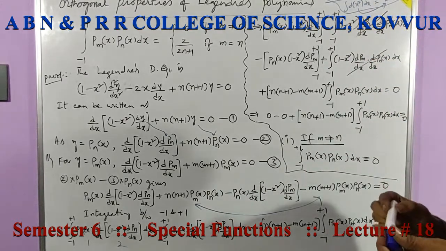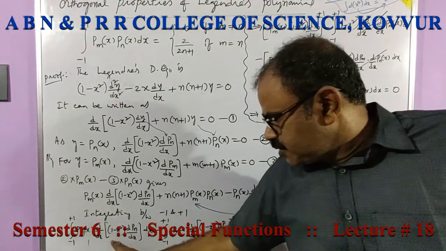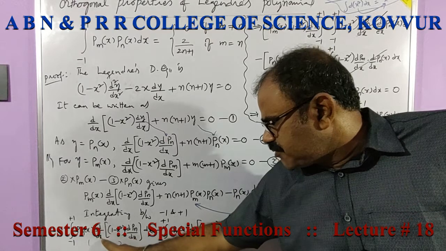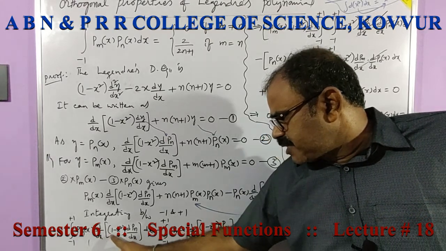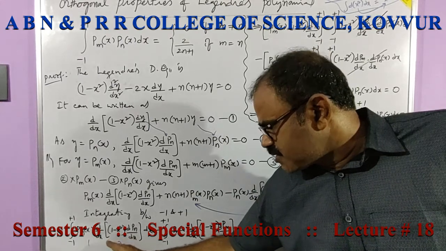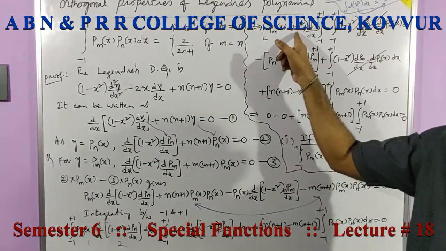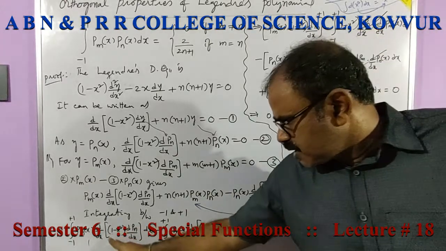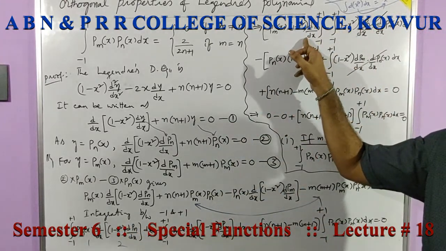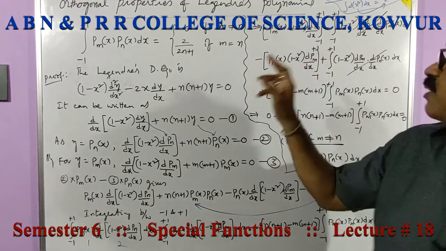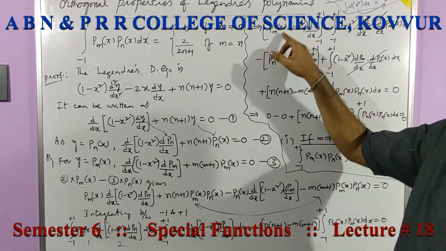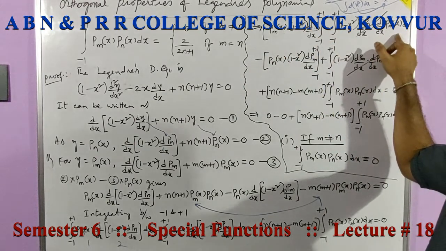Here also we are integrating first function into integral of second. This is d/dx of (1 minus x square) dPn/dx. Therefore, integrating it, what you get is the same: Pm(x) into (1 minus x square) dPn/dx, minus integral of second into derivative of first. The derivative of Pm(x) is d/dx of Pm(x).